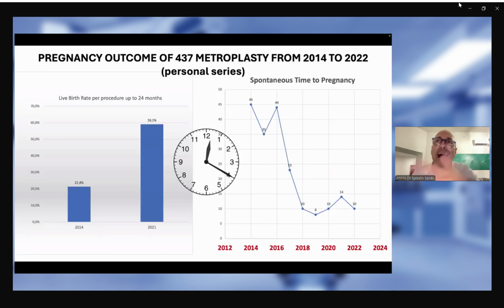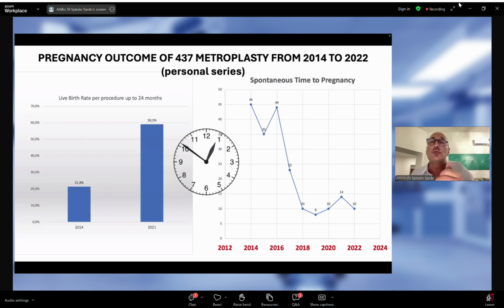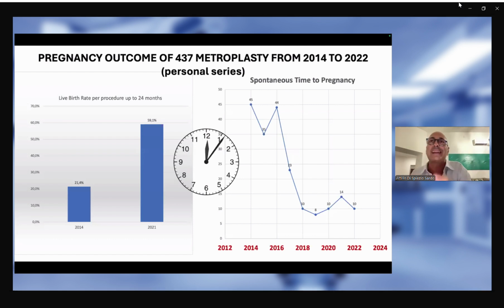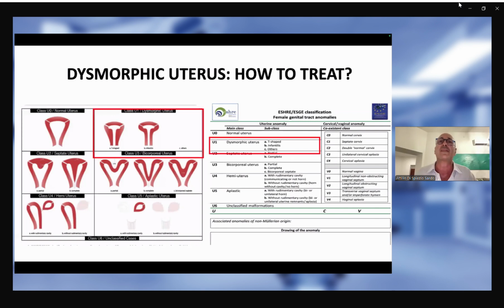This is the reason why I analyzed my data, and I saw that in my personal series throughout the years, changing the technique and increasing my surgical experience, I could significantly increase the live birth rate per procedure, and even time to pregnancy was significantly reduced throughout the years. So it means that probably the technological and technical advancement and even the better knowledge of the histology of the septum helped me to become more and more expert in this topic in order to improve the reproductive outcomes of our lady.